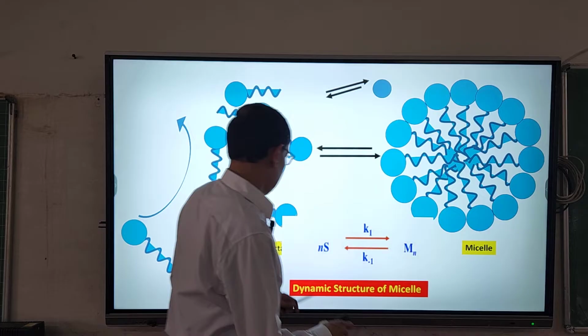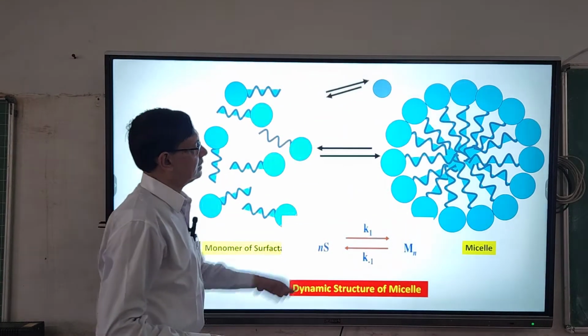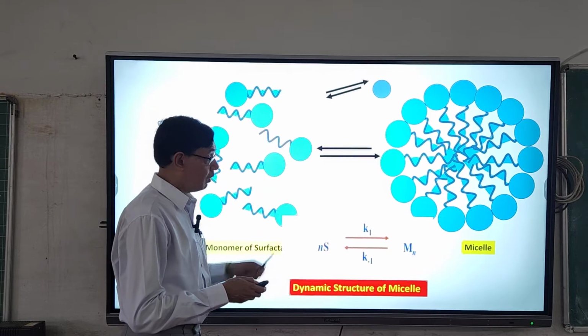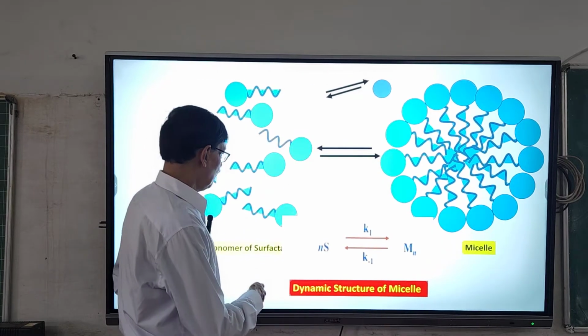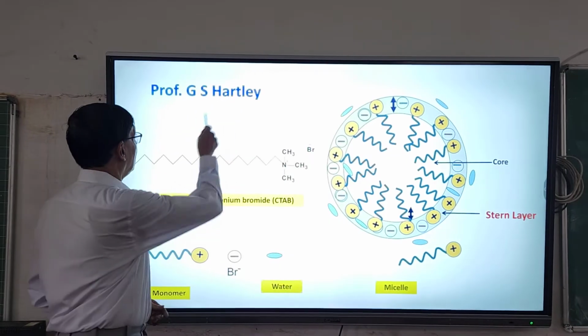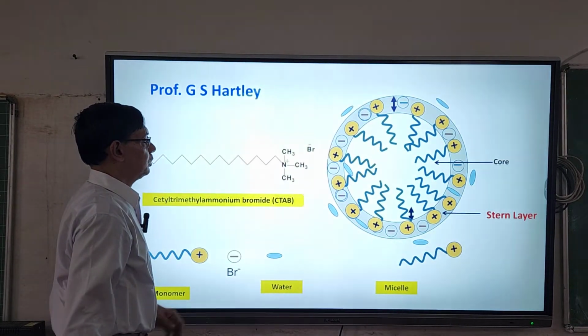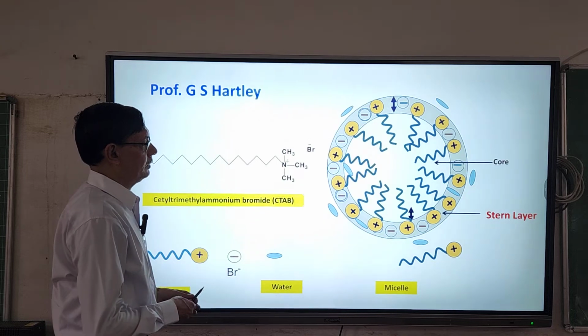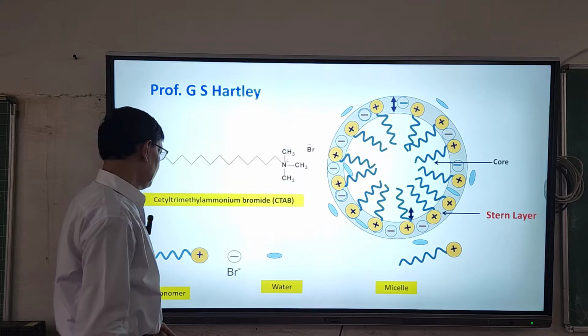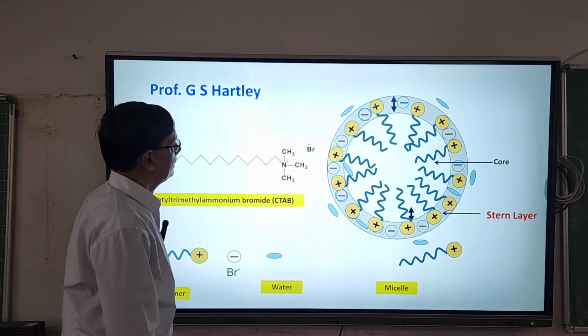You know that this structure was determined by McBain, but the model was developed by G.S. Hartley. Therefore we call it the Hartley model, and this is available in all the books, all the research papers and other things.